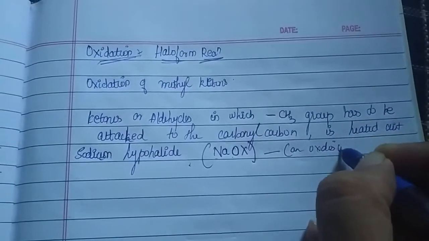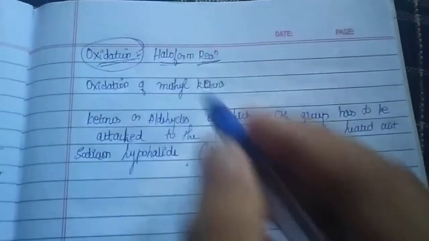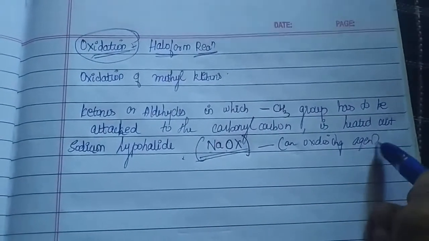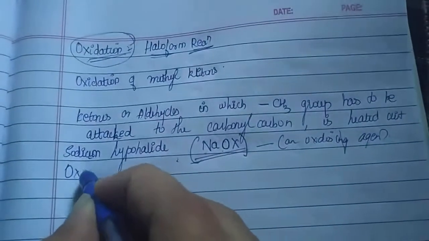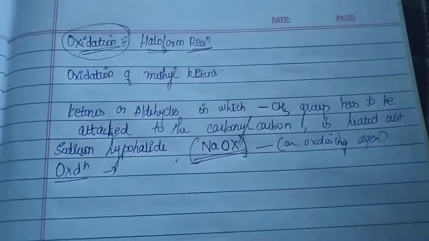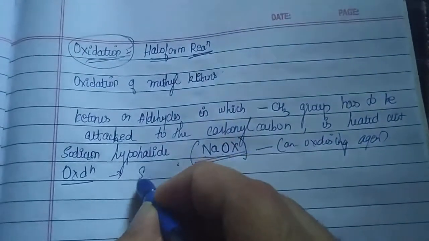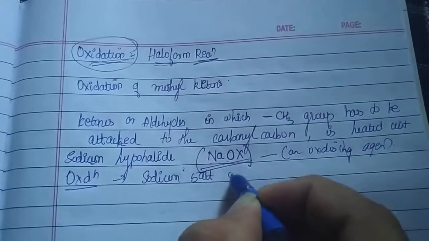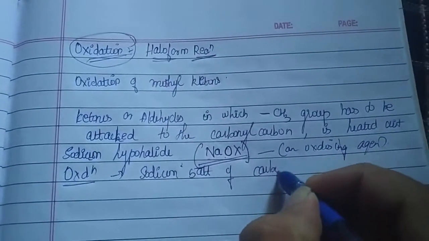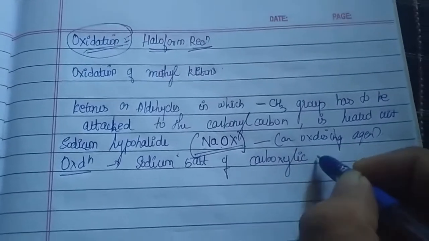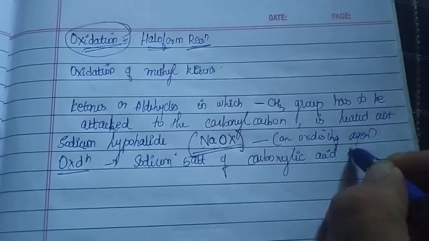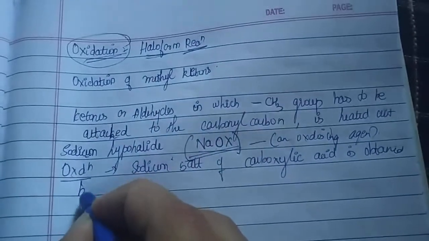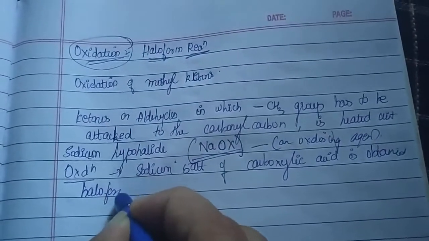Whatever we are using over here, in the oxidation process, the oxidizing agent is sodium hypohalide. So what happens? Oxidation takes place. And the sodium salt of carboxylic acid is obtained, and along with that we would be getting our haloforms.